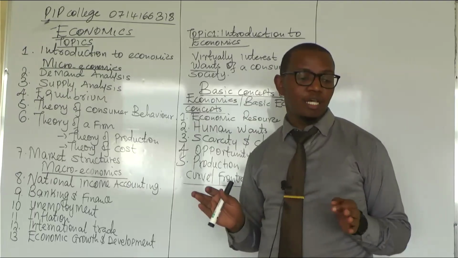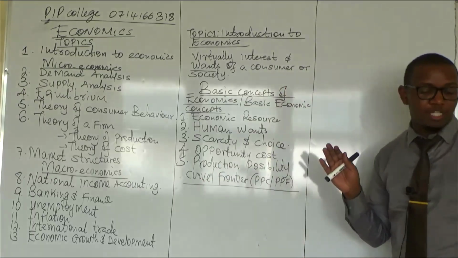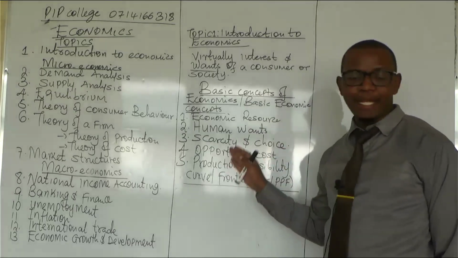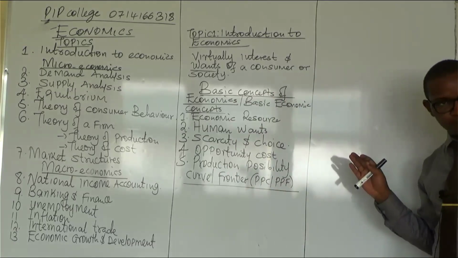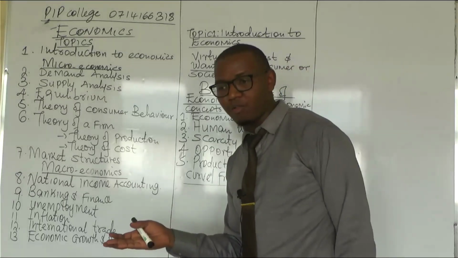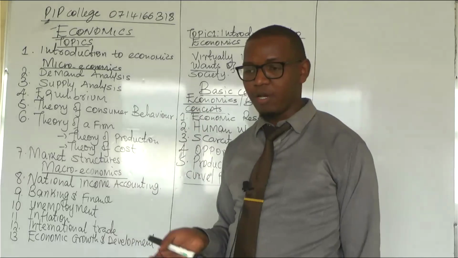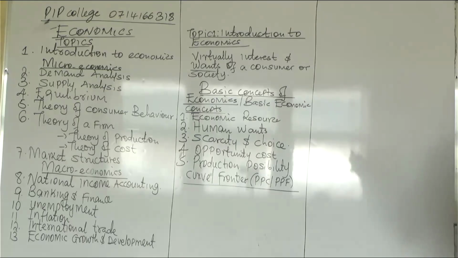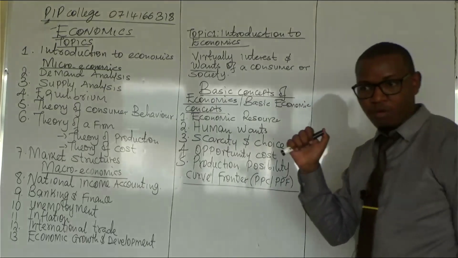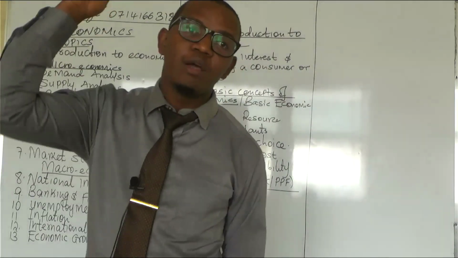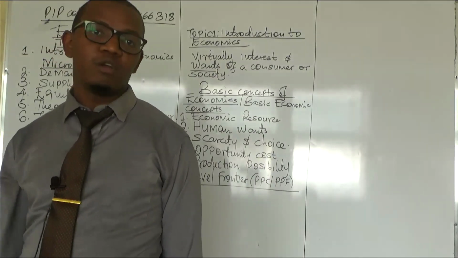And as a result of the law of diminishing returns, you'll be able to realize that depending on the products, because here we may talk about the agricultural products, we may talk about the manufactured products. So in this case, you may be able to realize that some resources may be more suitable for agricultural products as compared to manufacturing products.